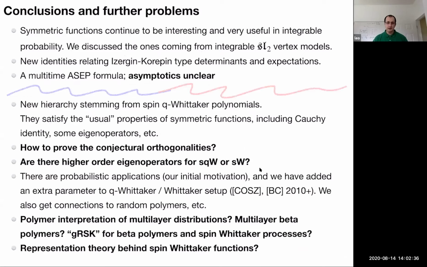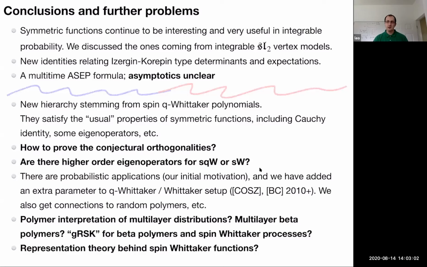So my talk had two parts. The main point is that symmetric functions are interesting and continue to be interesting and useful in integrable models. And the symmetric functions that we know of, they all can be traced to integrable vertex models, especially those I showed you in the first place.